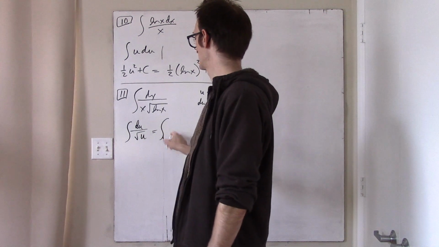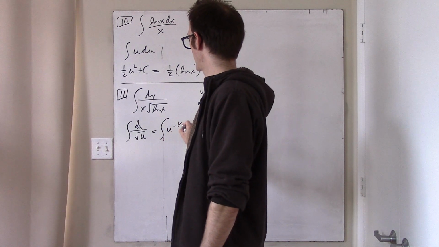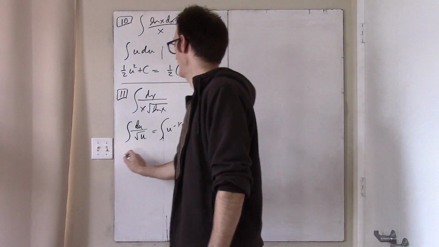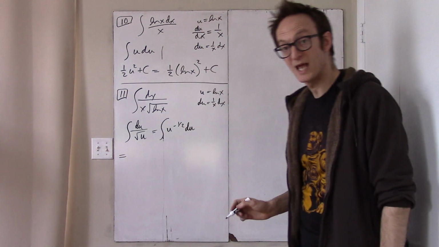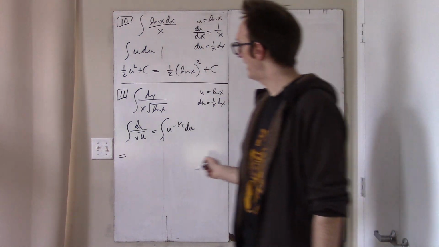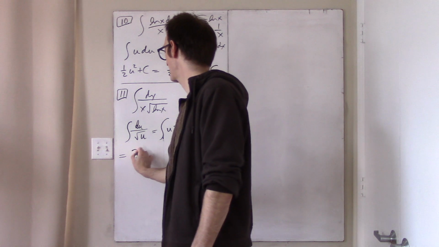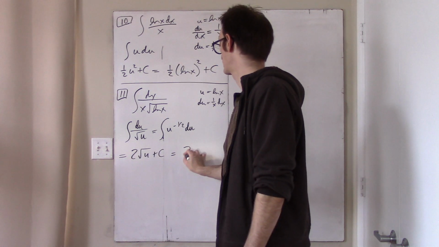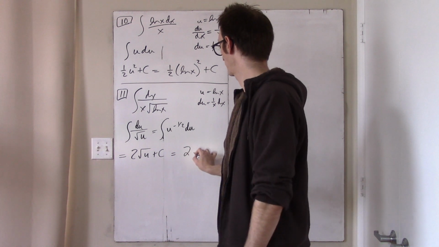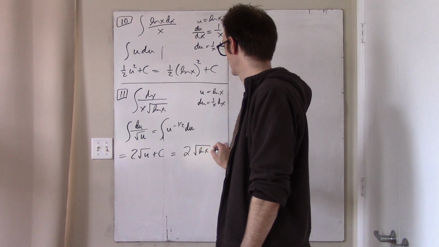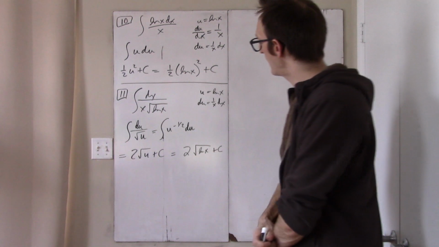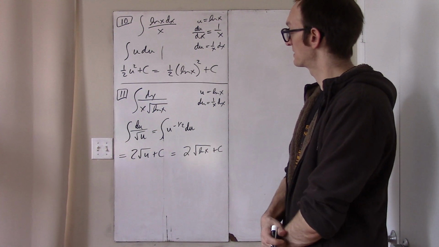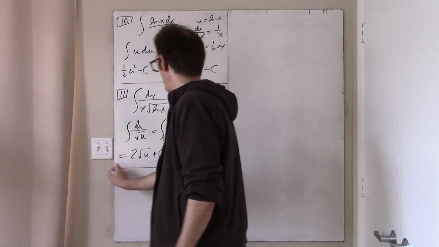In other words, u to the negative 1/2 du, and that can be antidifferentiated by going up a power to 1/2 and dividing by the power, so that's 2 root u plus c. So final answer: 2 root ln x plus c, I guess is the answer. Yeah. Woo. Okay, more.